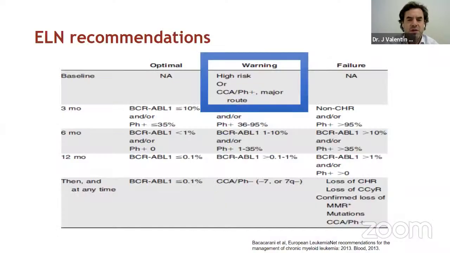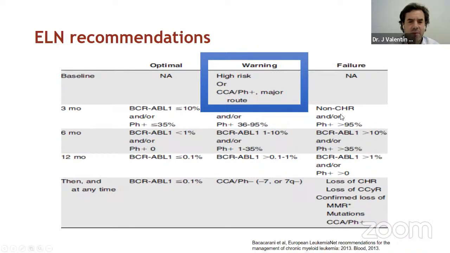If we take a look at the recommendations from the American guideline, the NCCN guideline, but also the European LeukemiaNet recommendations, we can see that they give us some information. They do not really tell us the group of patients that should be treated with second generation TKI, but they give us some information regarding what kind of patient at the moment of baseline should be considered as a warning, so that we have to be worried about this patient and probably offer them the best treatment option, the most efficacious one, which is second generation TKIs.